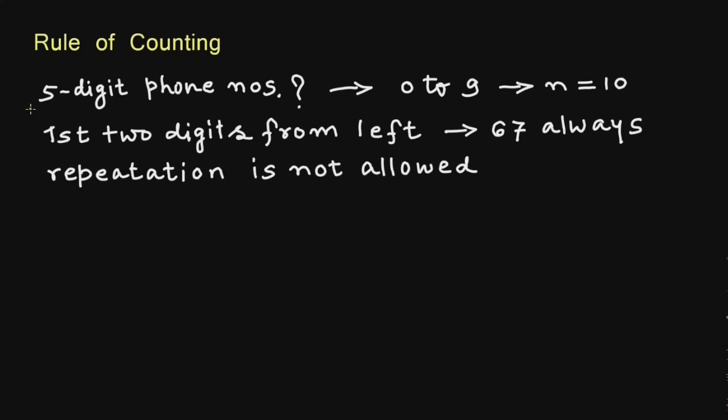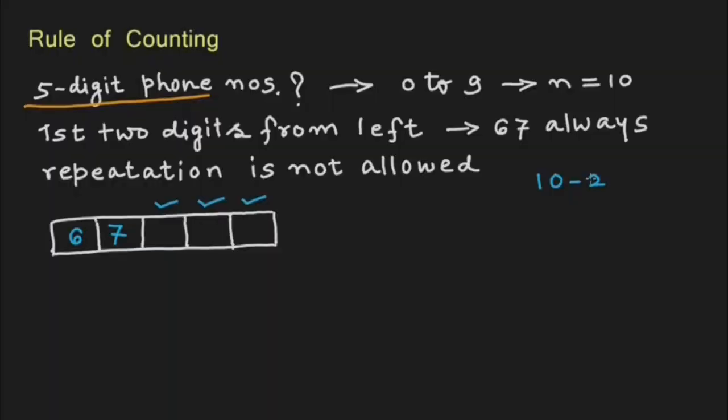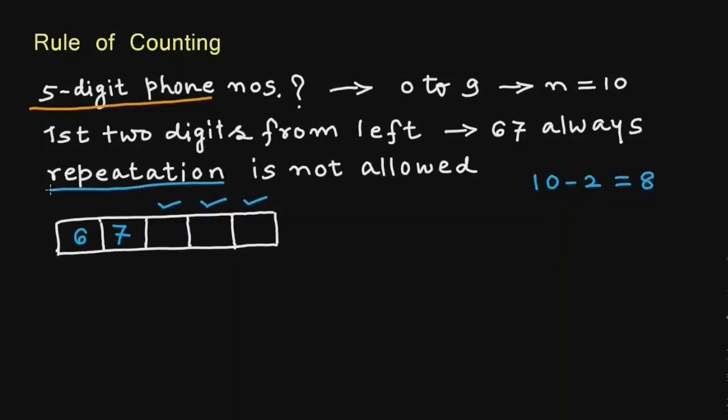Now for a 5-digit phone number, we have to fill 5 places in a row. In the first 2 places, 67 will always be there. Now these remaining 3 places have to be filled from the remaining 10 minus 2, 8 digits, because we can't repeat the digits. So this hundreds place can be filled in 8 different ways.